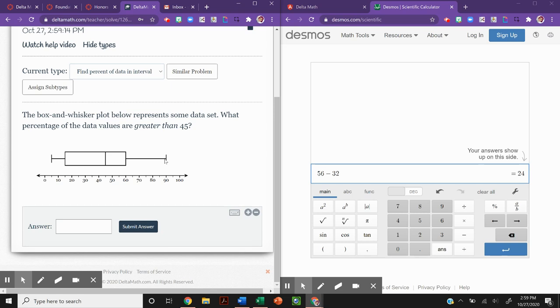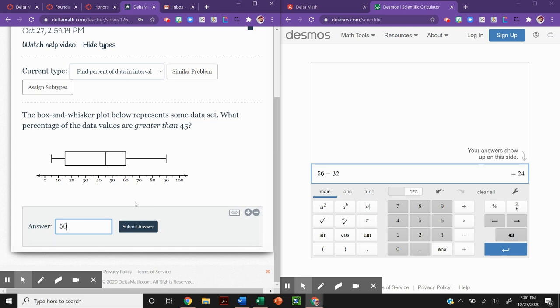So 25%. From here to here, that's 25%. This is another 25%. And don't visually look at it, it's not going to be even. It's even in terms of the data. So if I'm greater than 45, I have 25% here plus 25% here. That would be 50%.